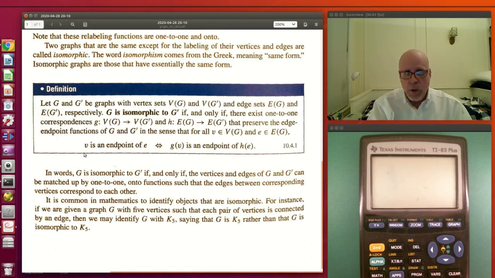That is, corresponding vertices are hooked up to corresponding edges, and these maps g and h give you the correspondence.